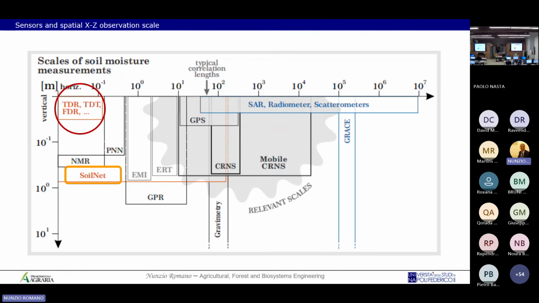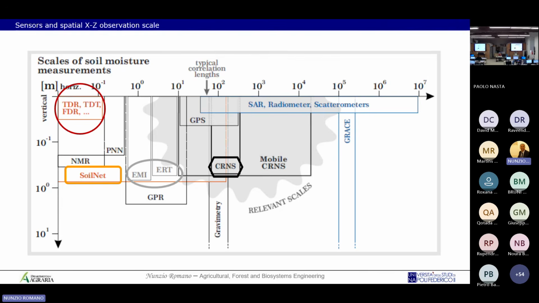So using this, you can enlarge the horizontal and vertical scale, and then you can integrate this with the geophysical survey, the electrical resistivity tomography, for example, that enlarges the horizontal and vertical scale of a measurement.